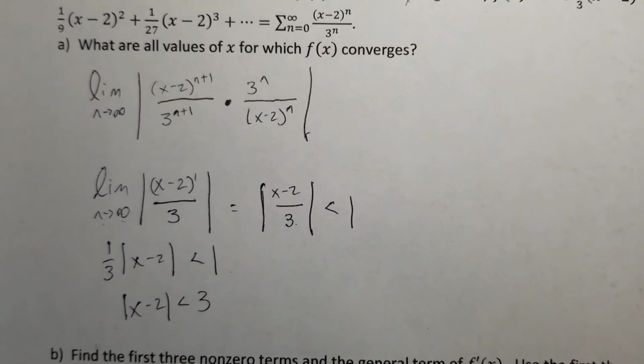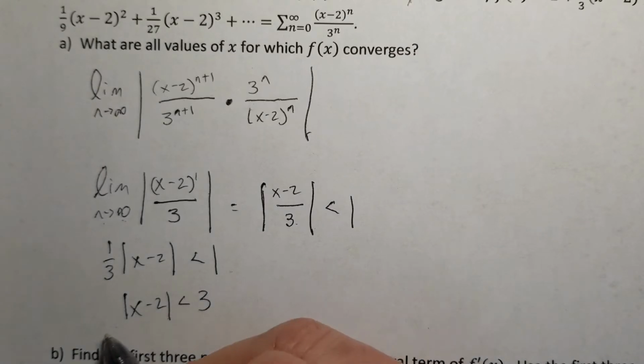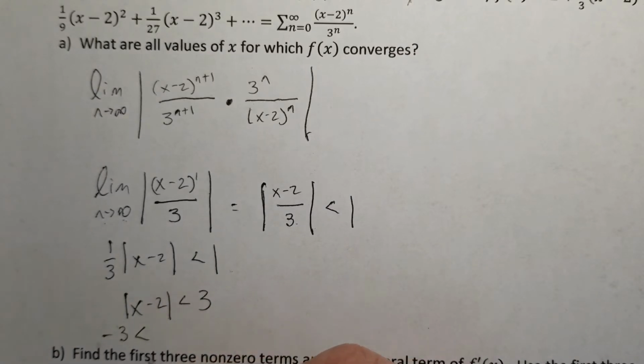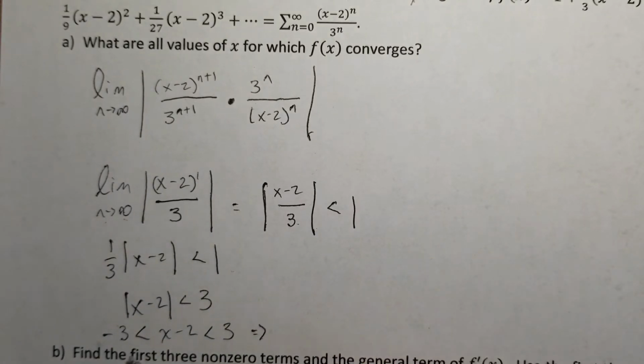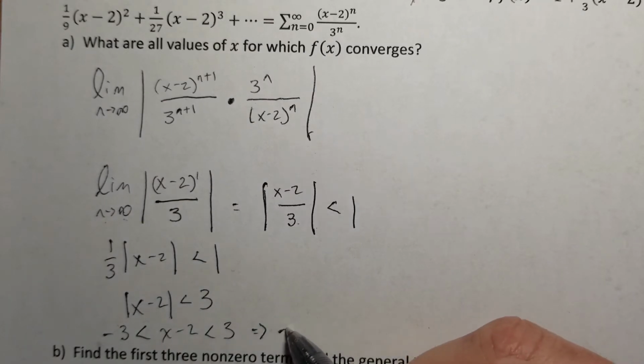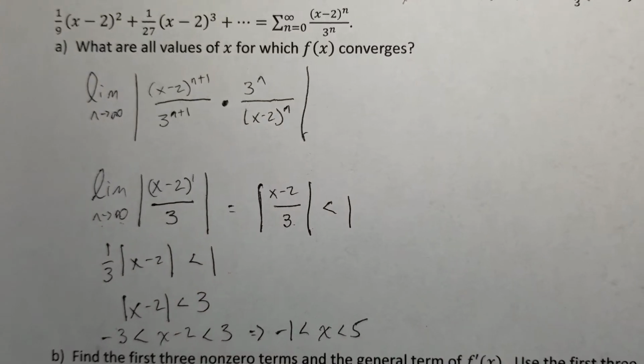Since we have an absolute value that is less than a constant, we can write an extended inequality where negative 3 is less than x minus 2, which is less than positive 3. If I add 2 to everything, negative 1 is less than x, which is less than 5.